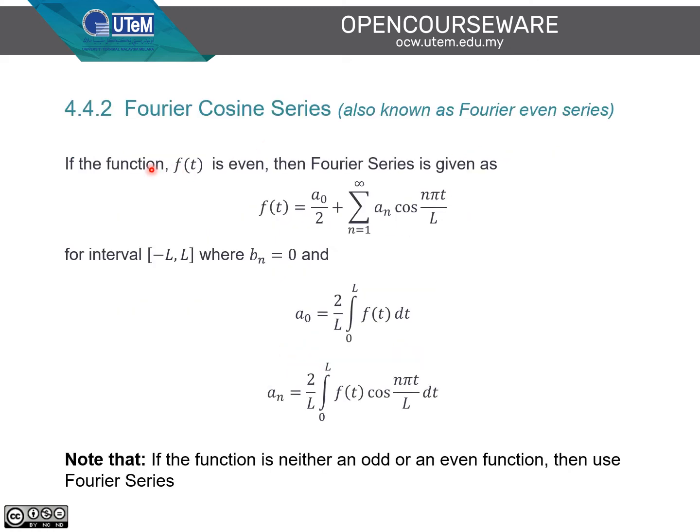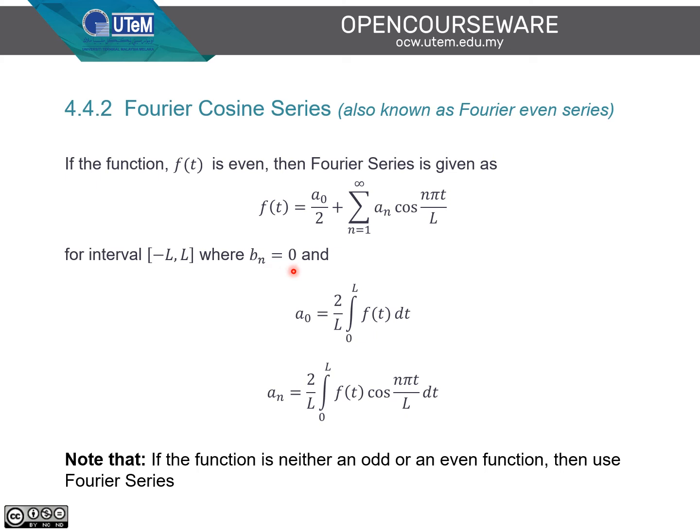The formula for Fourier cosine series, also known as Fourier even series. If the function is an even function, then the Fourier series is given as f(t) equal to a0 over 2 plus the summation of an cos n pi t over L, where n is from 1 to infinity, for the interval from negative L to L, where the Fourier coefficient bn equals 0.